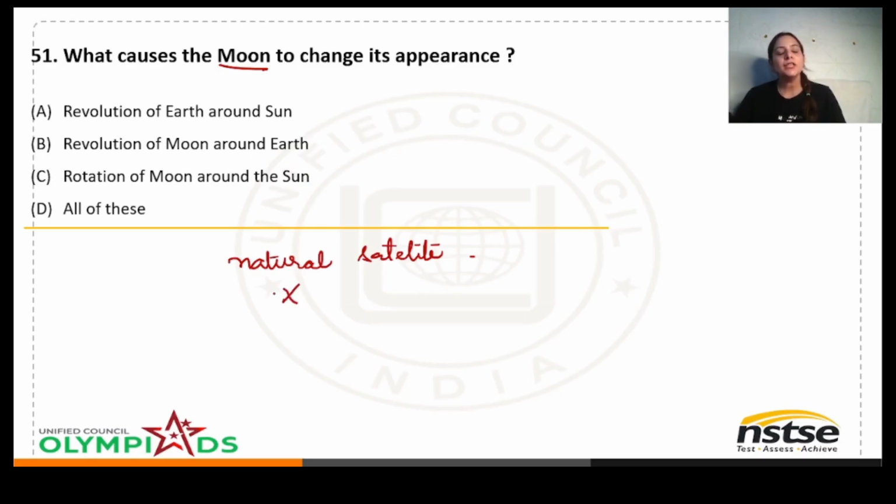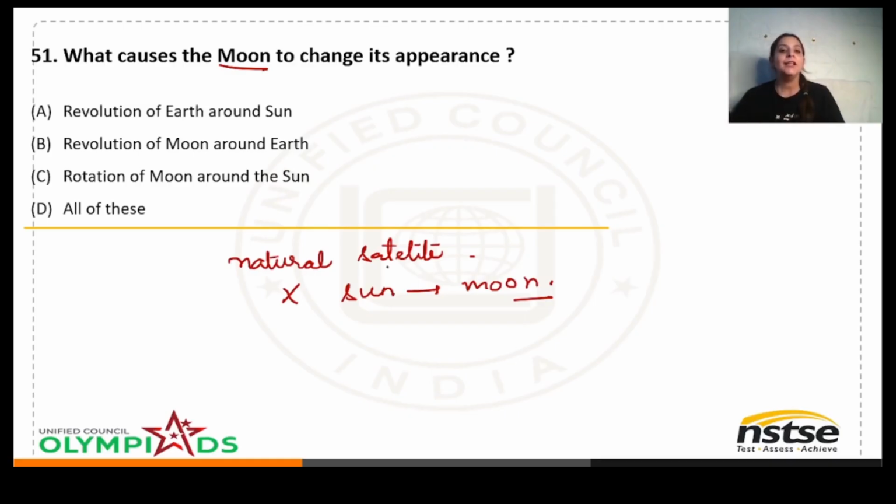It shines just because when the light of the sun falls on the moon, it illuminates the surface of moon, and we see that it shines. We can see only that part of the moon which gets illuminated due to sunlight, and the part which is not illuminated by sunlight is not visible.